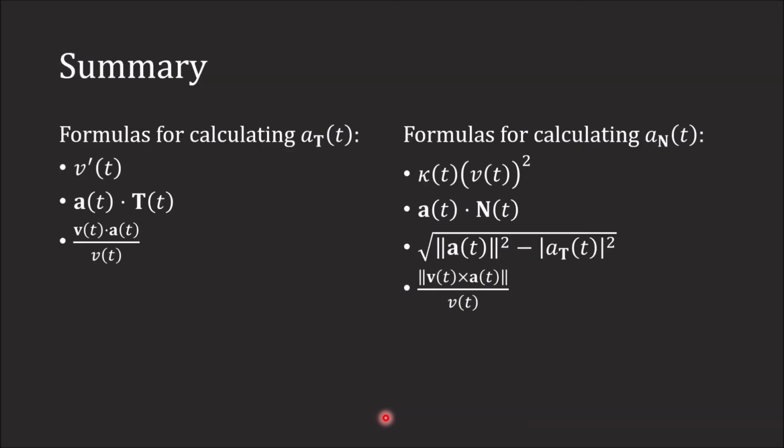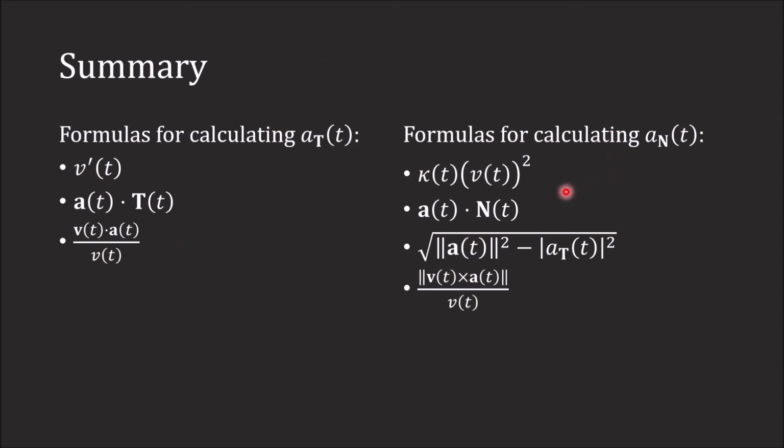So in summary, we have 3 formulas for calculating the tangential component. It is either the derivative of speed, the acceleration dotted with the unit tangent, or more commonly, velocity dotted with acceleration, all divided by speed. And we have 4 formulas for calculating the normal component.